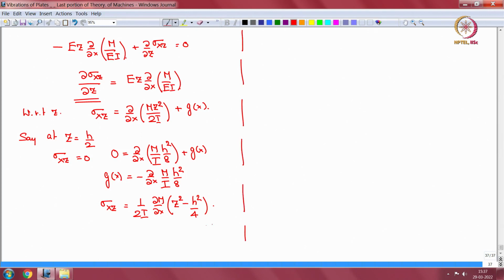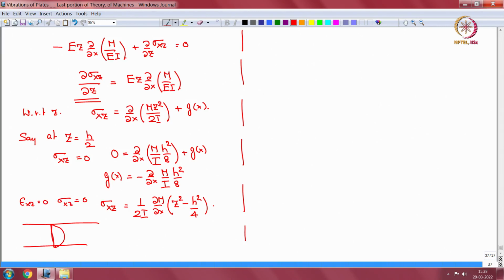So across the cross section this has a parabolic behavior, but earlier we said as epsilon xz equal to 0, sigma xz must be equal to 0. No, that's not the case.